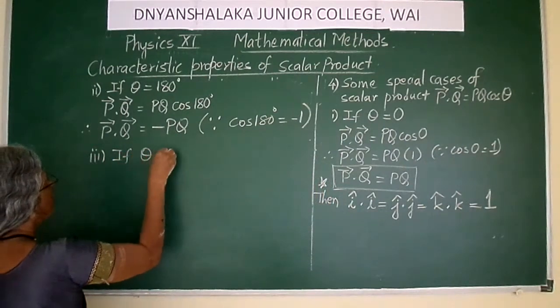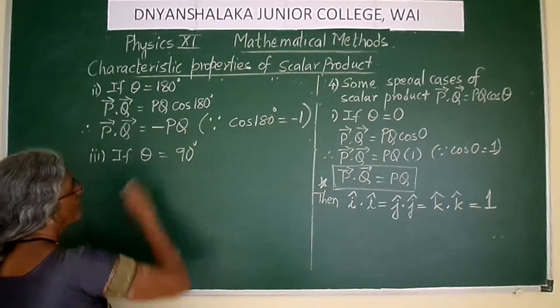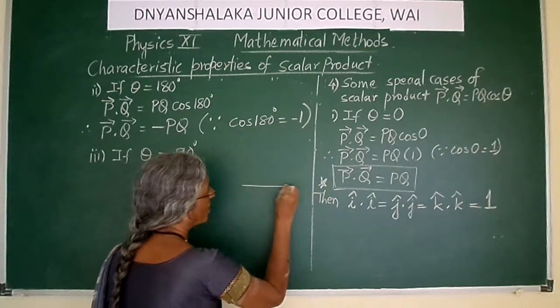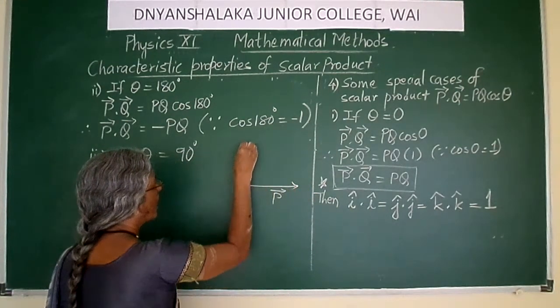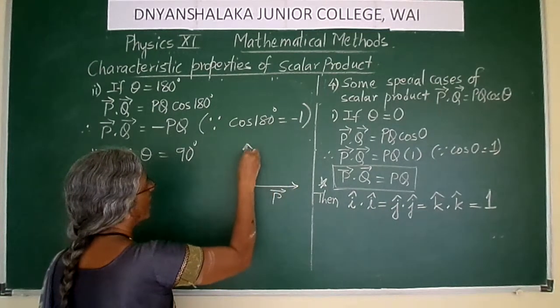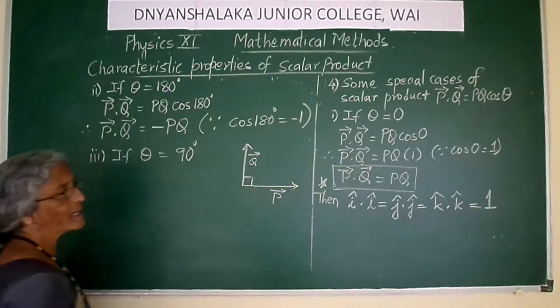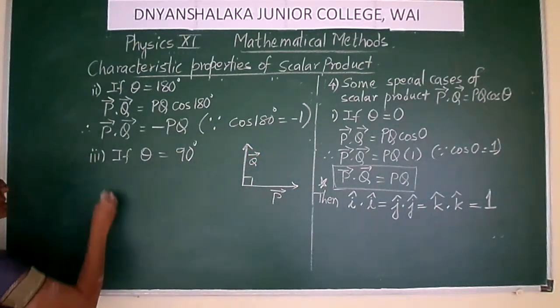If theta is equal to 90 degrees, मतलब ये वेक्टर्स कैसे होंगे? ये वेक्टर P है, तो उसको बराबर राइट एंगल करके ये वेक्टर जा रहा है. क्यों? इन दोनों के बीच का एंगल कितना है? 90 डिग्रीज.